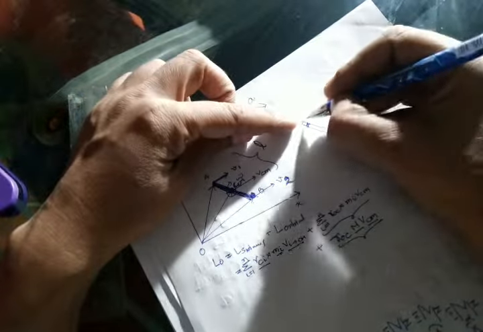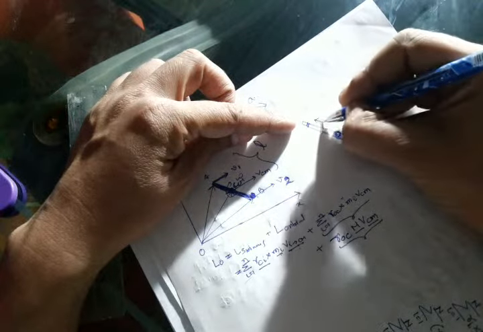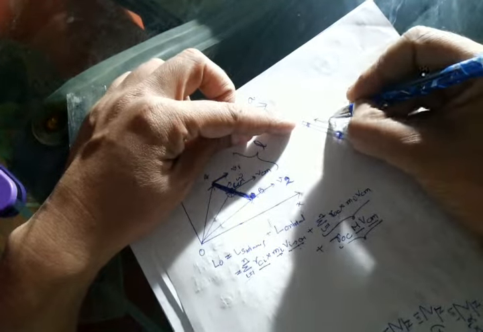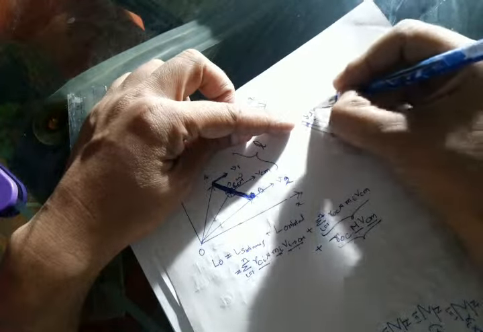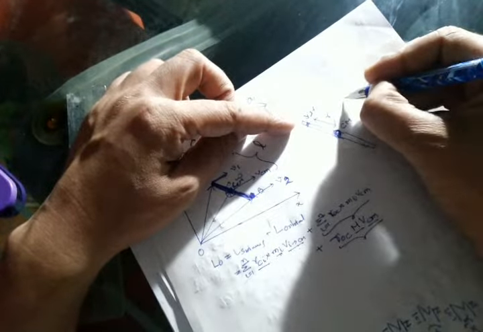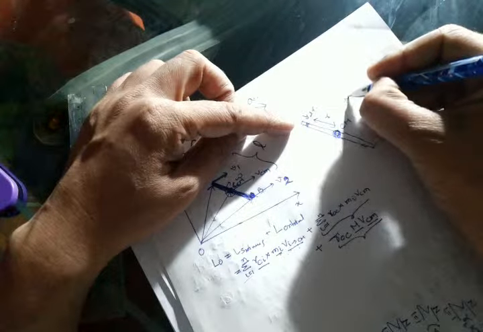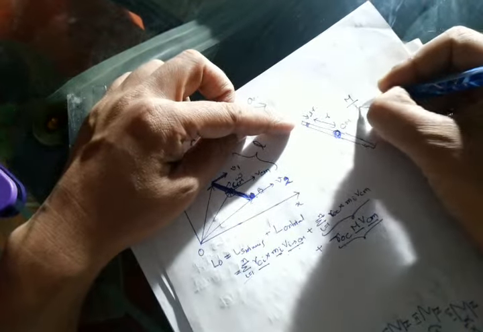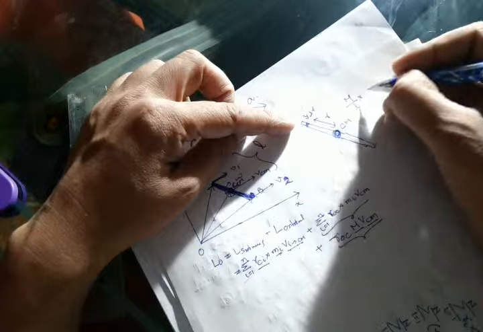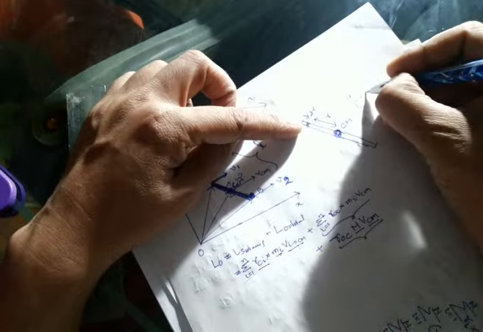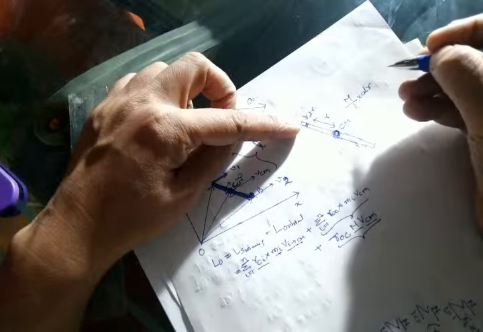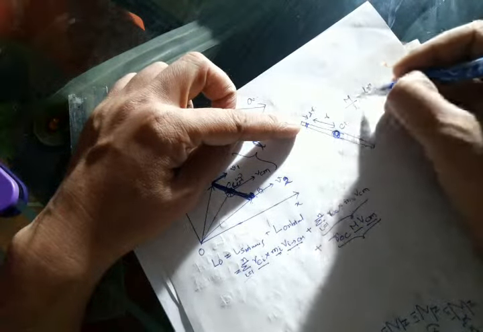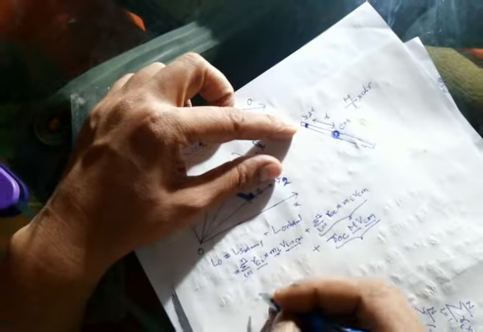Suppose dm mass at distance r, and suppose it's dr. So if the mass of the whole rod is m, then m by l into dr will be the mass of this part, this dr part.